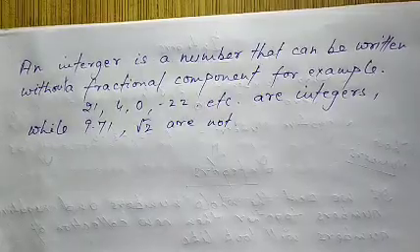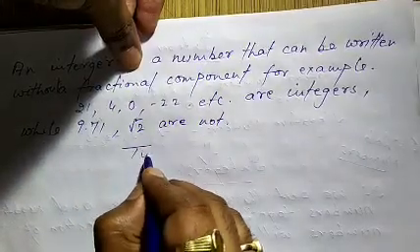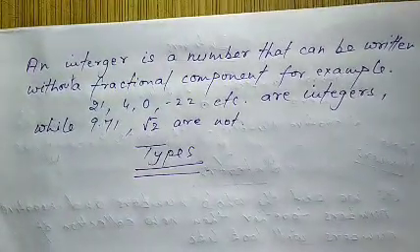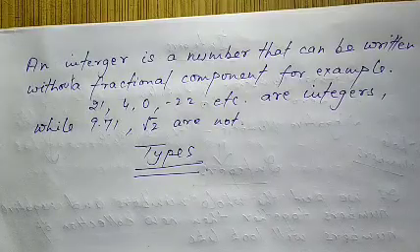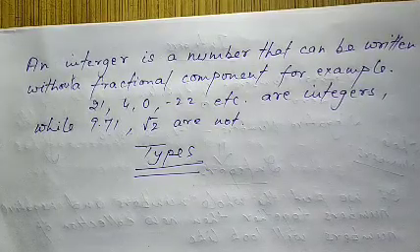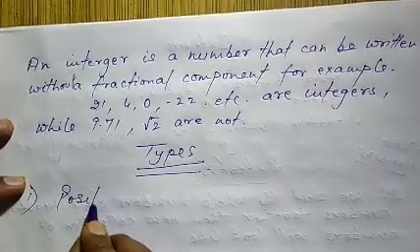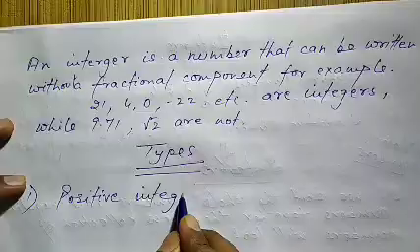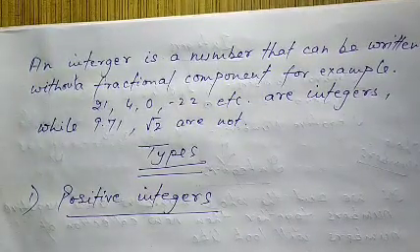After this, types of integers. So how many types of integers? Basically there are two types of integers. First one is positive integers. So what is a positive integer?